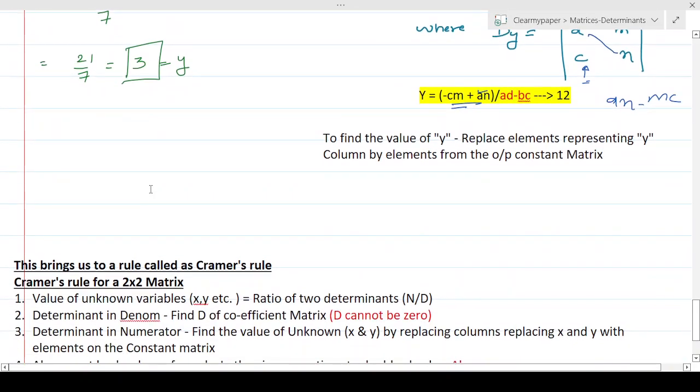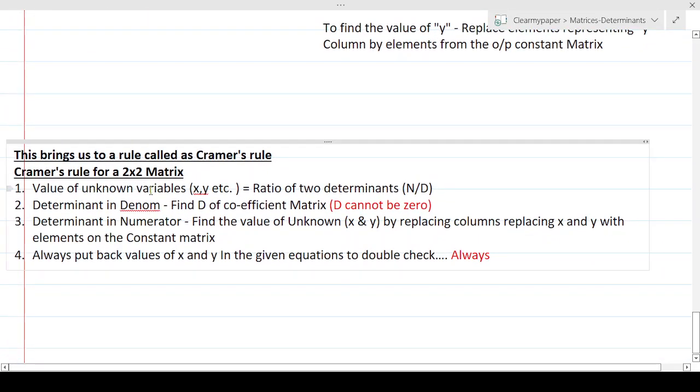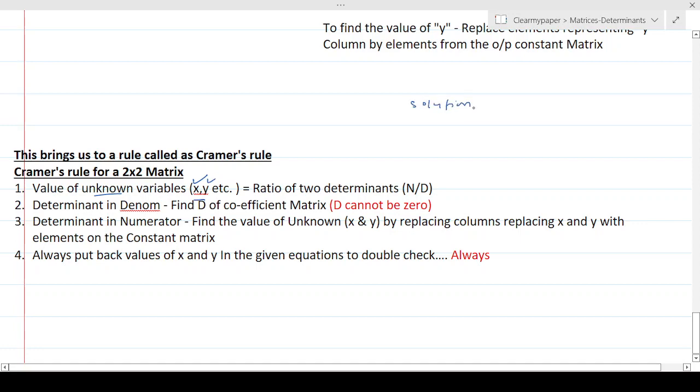All right, so as a closing comment, what is Cramer's rule? For a 2x2 matrix, or even for a higher order matrix, 3x3 and so on, what we are figuring out is the value of the unknown variables. What we are trying to find is called finding a solution to the problem, whether it's the value of x or y. It all means the same, whether you say solution to the problem, or if you want to invert this matrix.